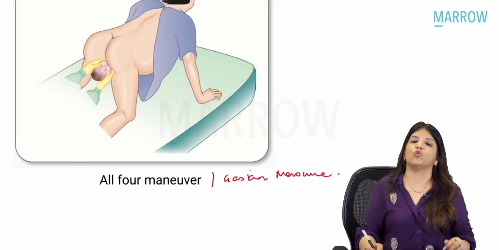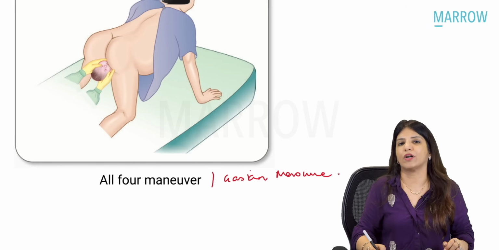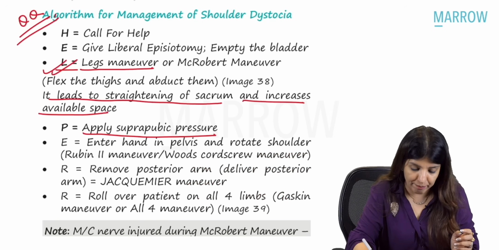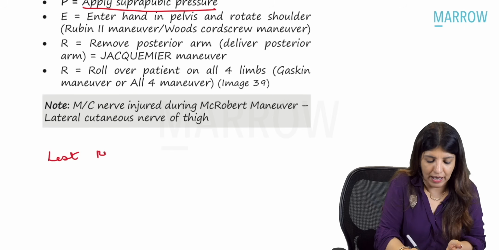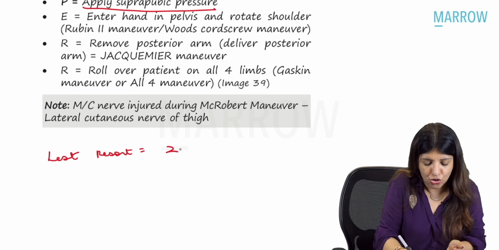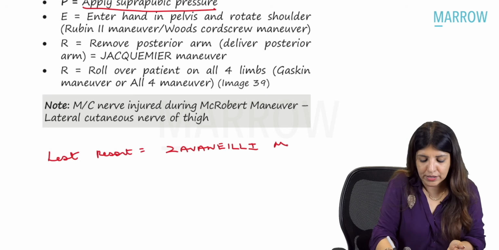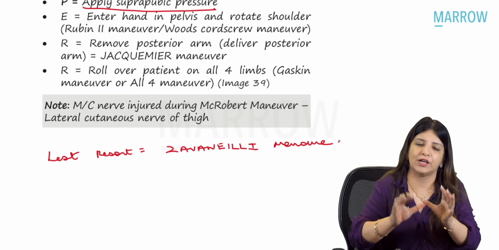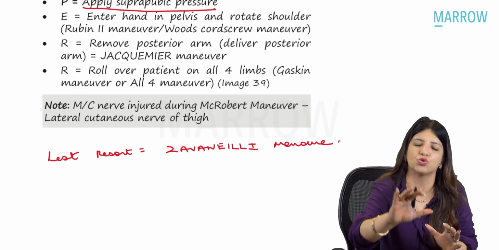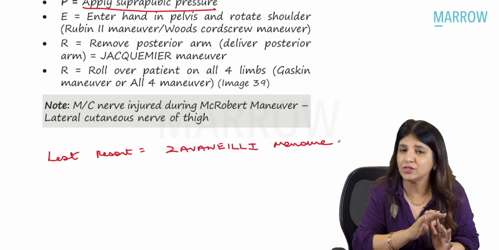Right, so this image over here is all four maneuver or Gaskin's maneuver. Please remember that in shoulder dystocia, what is the last resort? Last resort is Zavanelli's maneuver. What is Zavanelli's maneuver? The head which has been delivered, I'm going to push it back inside the mother's uterus, followed by a cesarean section.